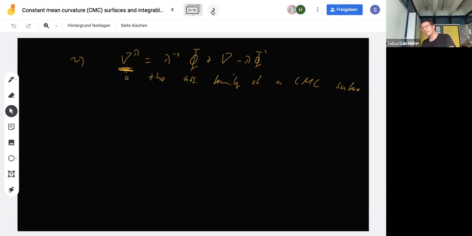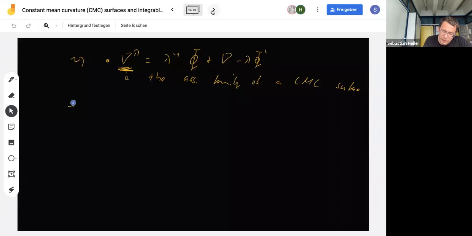And whenever there exists such a reducible lambda connection, we can apply some kind of transformation. But if there are no reducible connections at all, we have a unique lift. And this means we have a unique minimal or CMC surface.